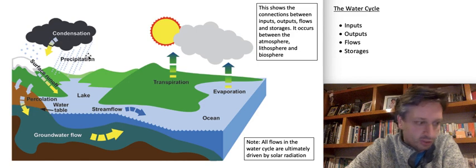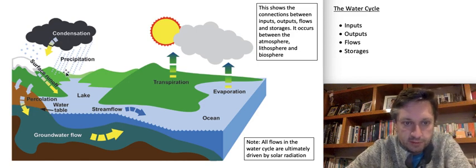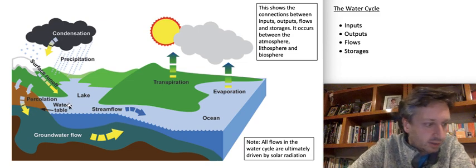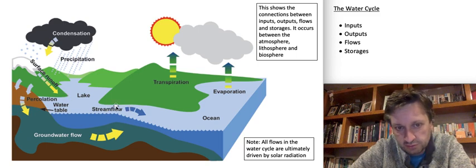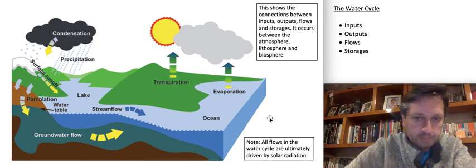Okay, so that's pretty much the only inputs that I could think of. Outputs, well, I already mentioned human outputs of water. Outputs could be runoff across the surface and movement of water from streams and rivers maybe to the open ocean. That could be another output.